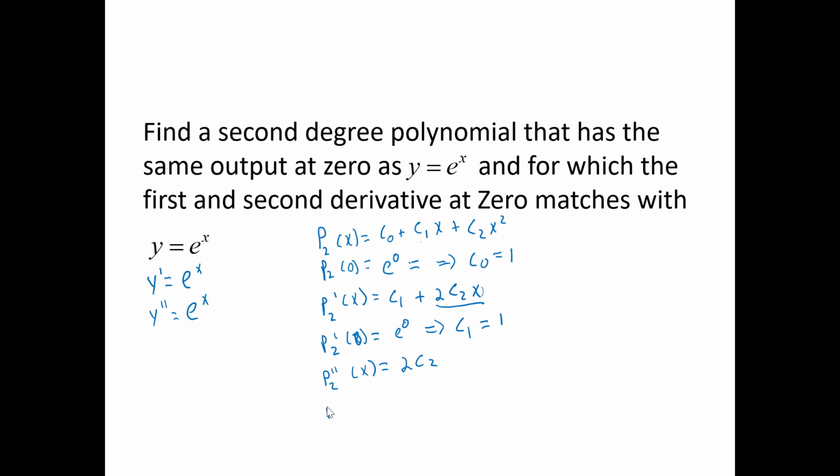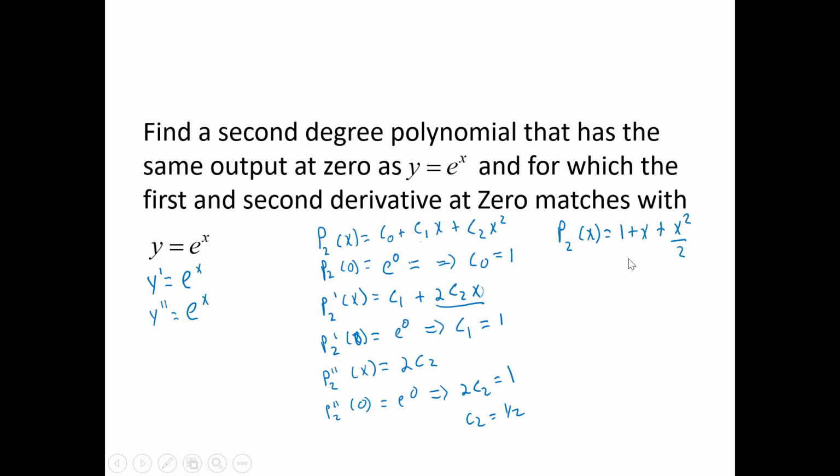So when you want your second derivative at 0 to equal e to the 0, that will tell you that 2c2 has to equal 1, and so c2 has to equal 1/2. And so that means that your polynomial of degree 2 is 1 plus x plus x squared over 2.